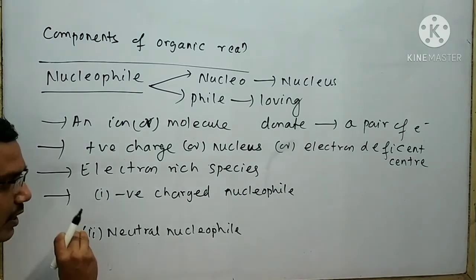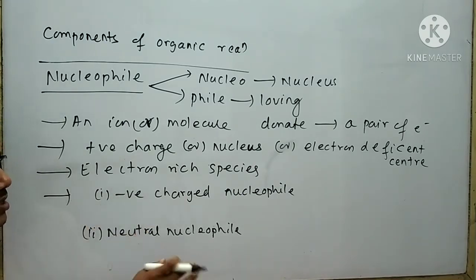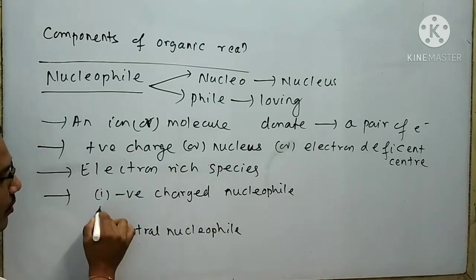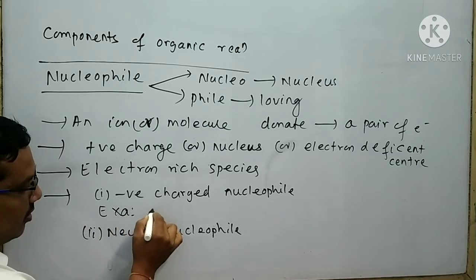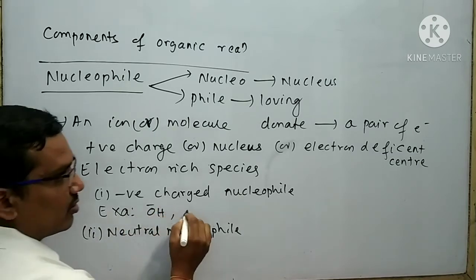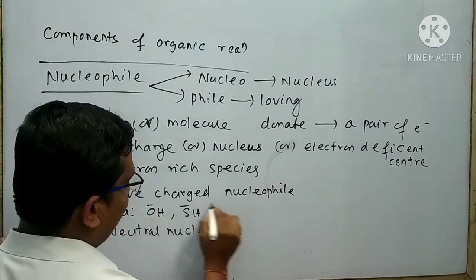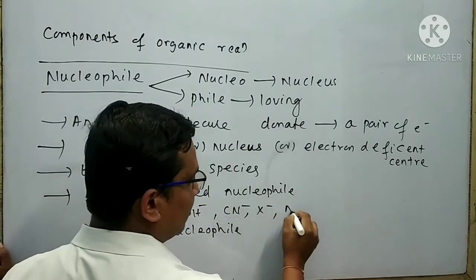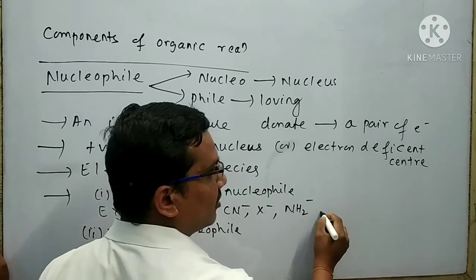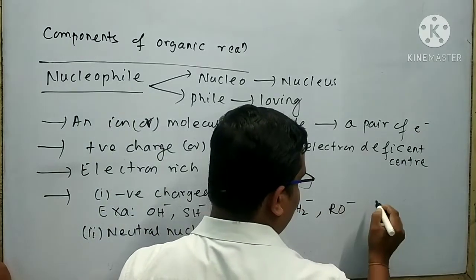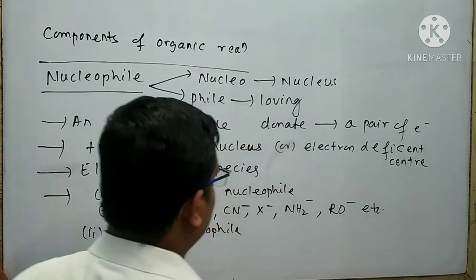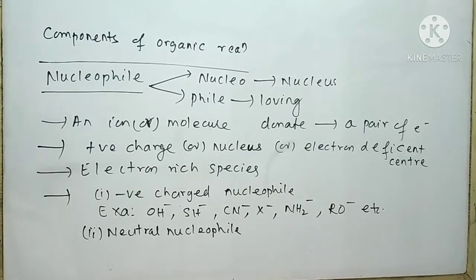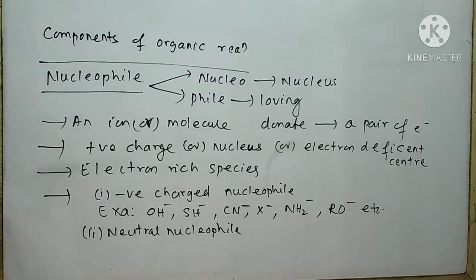That means all the negative charged species are said to be negative charged nucleophiles. The examples are OH minus, SH minus, CN minus, X minus, NH2 minus, RO minus, etc. On the other hand, the molecules which have a lone pair are also called nucleophiles.